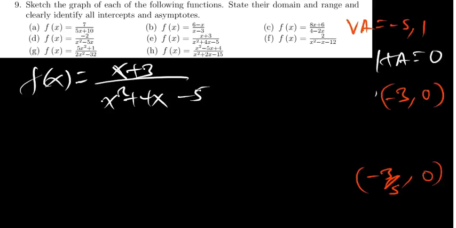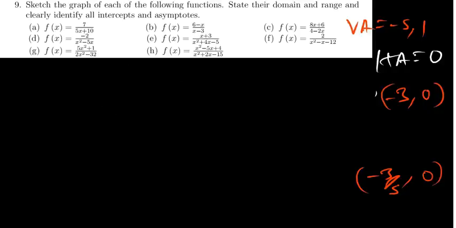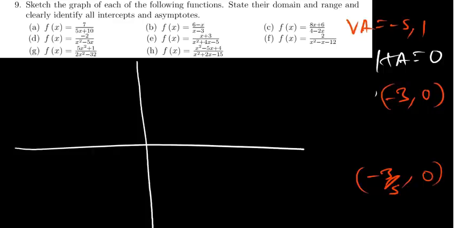Now I'm going to draw my graph. I have everything. So here is my graph. At -5, I have my asymptote, and at 1, I also have my asymptote.